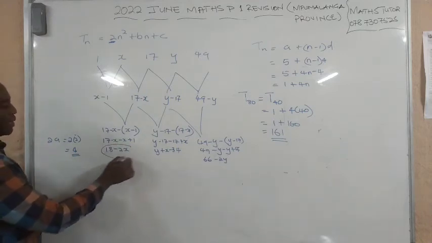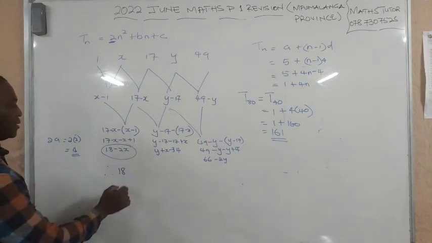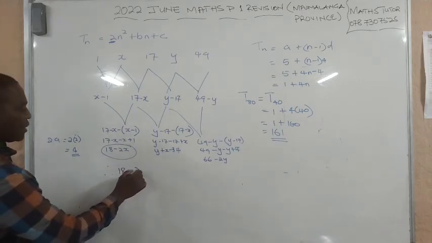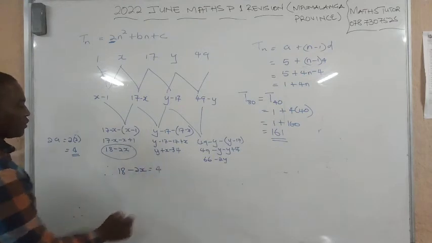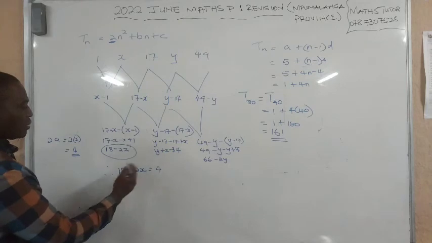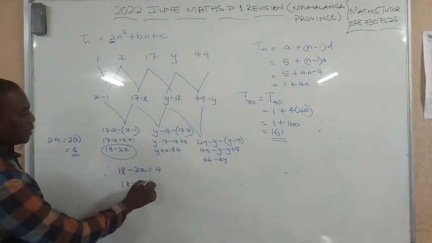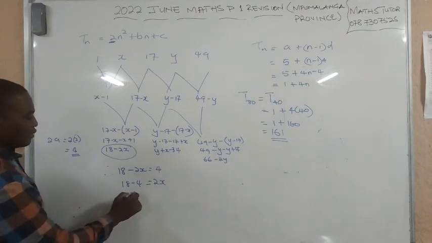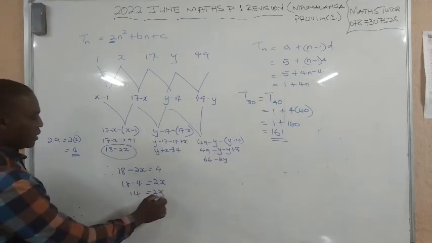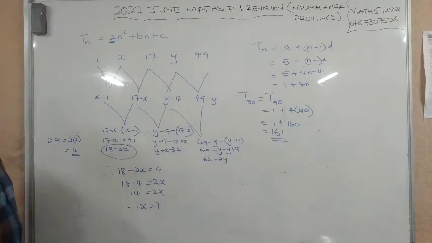So we can take this, therefore 18 minus 2x is equal to 4. So we can take the negative 2x and bring the 4 this side. That is 18 minus 4 is equal to x. That is 14 is equal to x. Therefore, x is equal to 7.